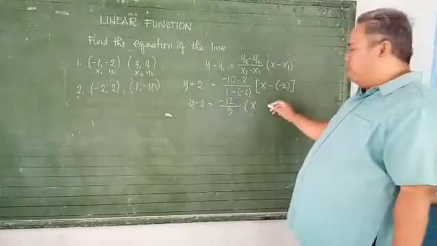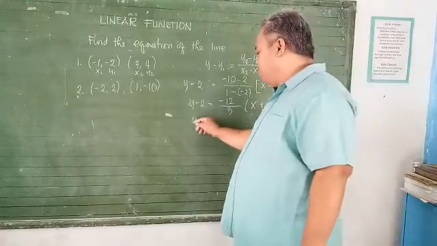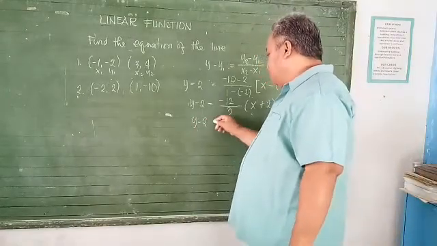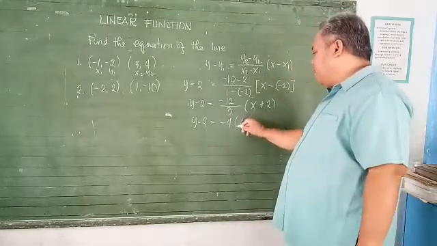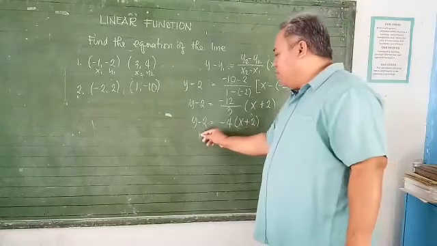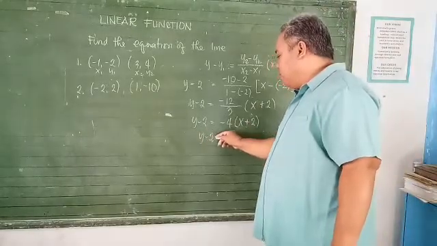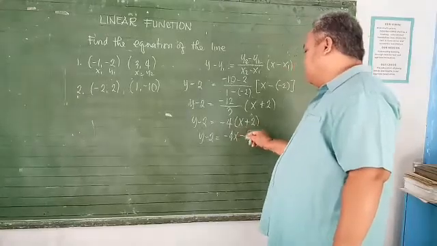So it becomes positive, plus 2. So this is y minus 2, and this is negative 4, and x plus 2. Then let's multiply this. So y minus 2 is equal to negative 4x minus 8.